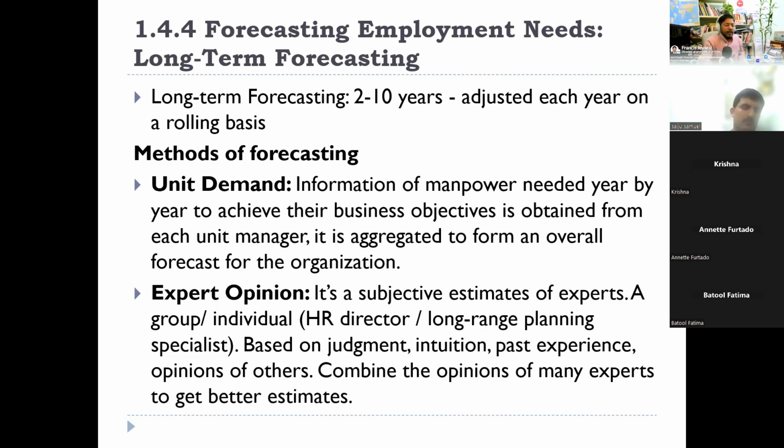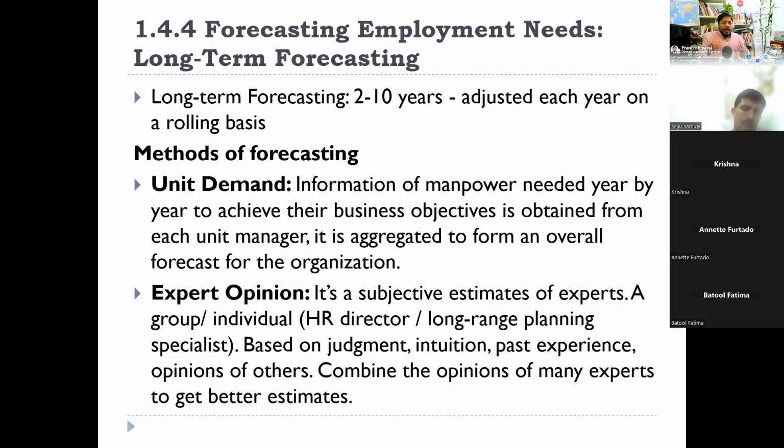Then expert opinion forecasting. So let's see what they are going to do. In addition to unit demand, the manufacturing company, which is X, leverages expert opinion to supplement its long-term forecasting efforts.